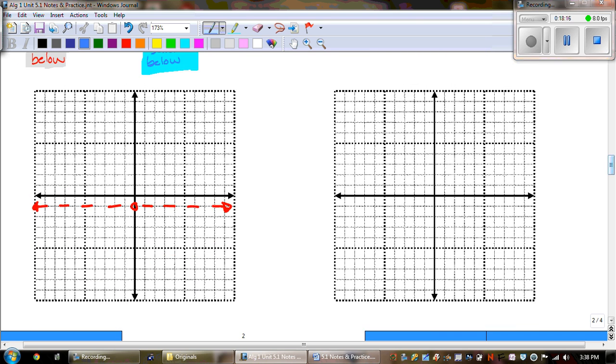So we're starting at -7, and we're closed. And then we go up 3 over 1. Up 1, 2, 3 over 1. Okay, and we're going to make a nice solid line.